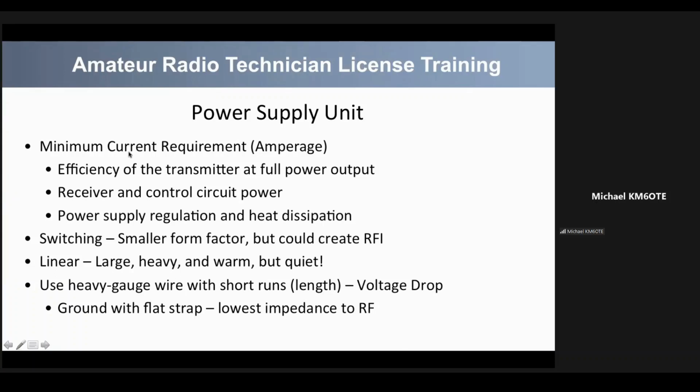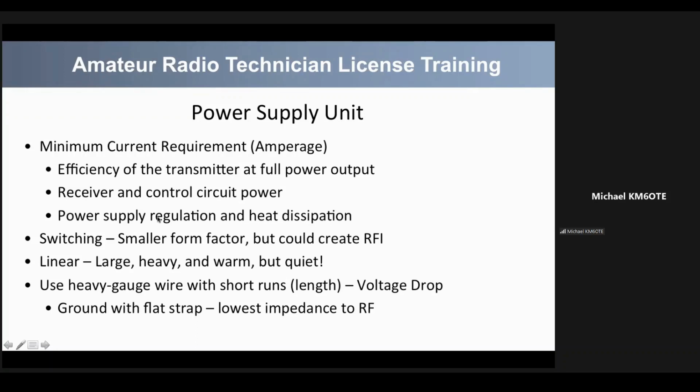When you get a radio, it will say in the specs how much current is required or how much power is required as the source of power. The things to take into account are the efficiency of the transmitter at full power. In other words, you'll draw the most current from the power supply when you're operating the transmitter at full power. The receiver and control circuit power, and the power supply regulation and heat dissipation.